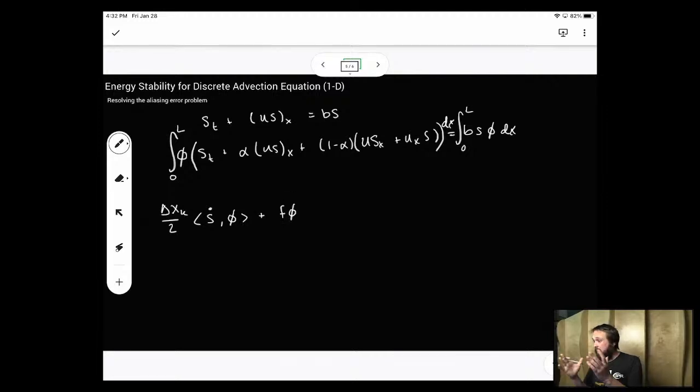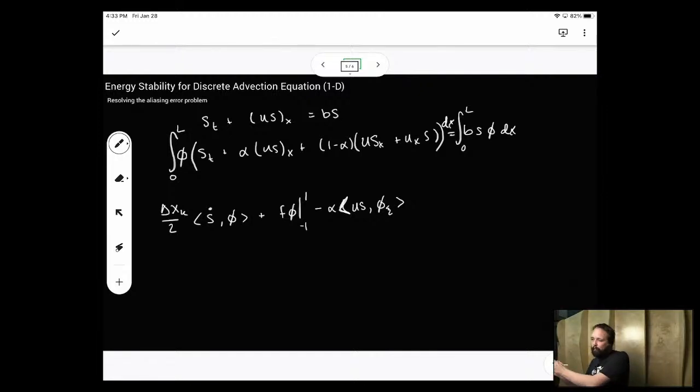That flux is u times the solution, differenced at the boundaries of each element. We still have that alpha comes down because we've done an integration by parts on the conservative term. So that's where we're at. We have u times s times d phi dc, where c is the computational coordinate.